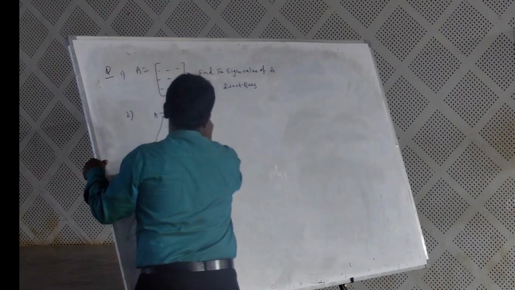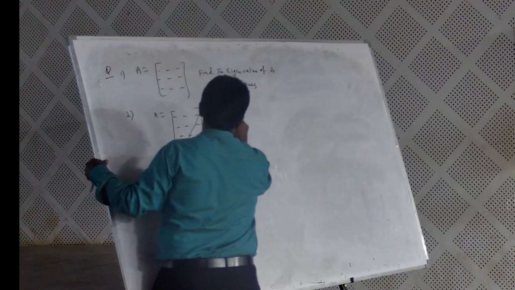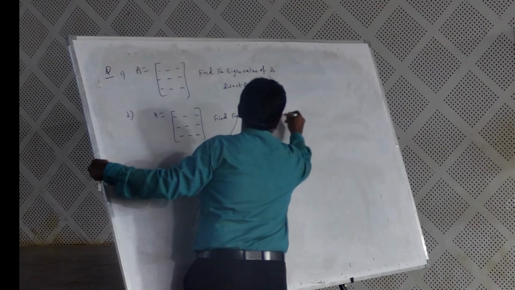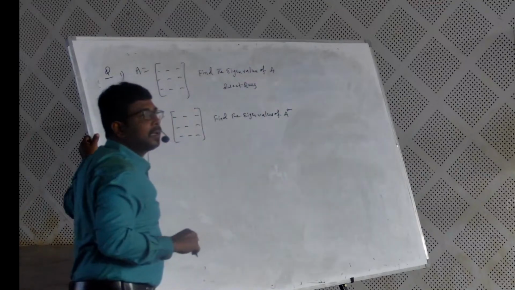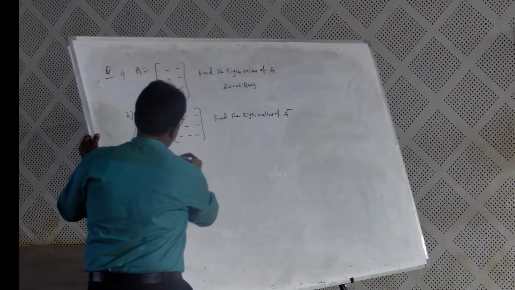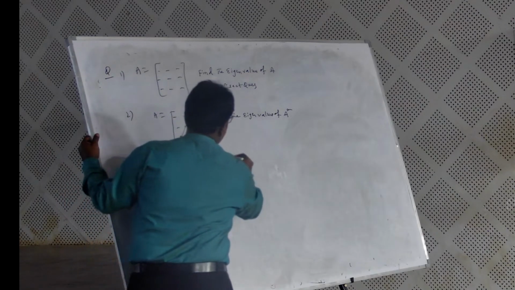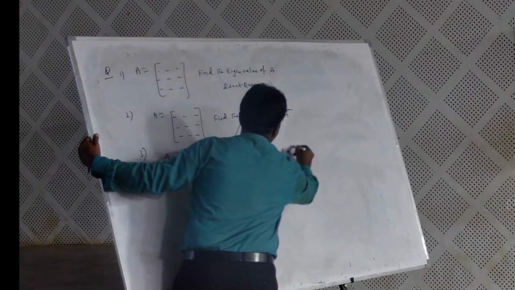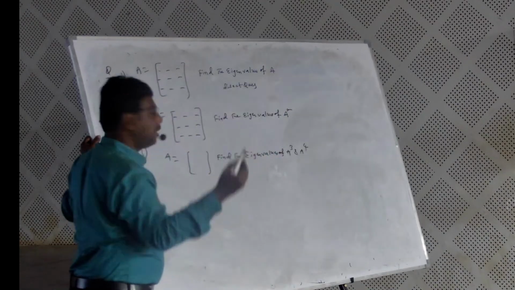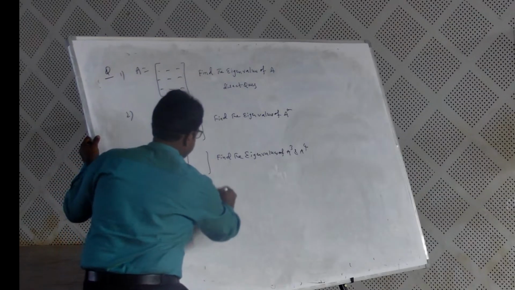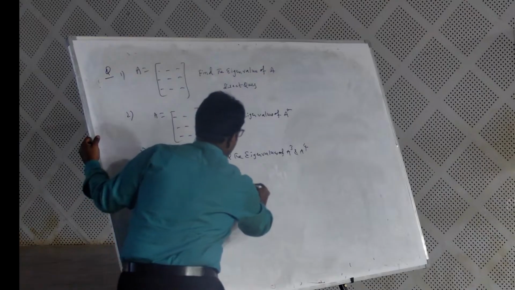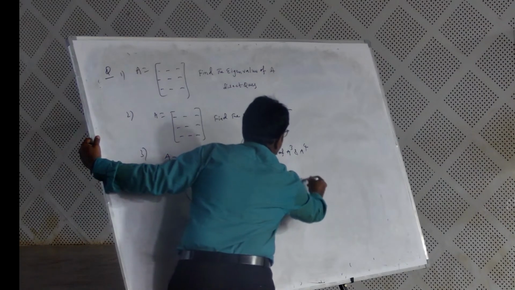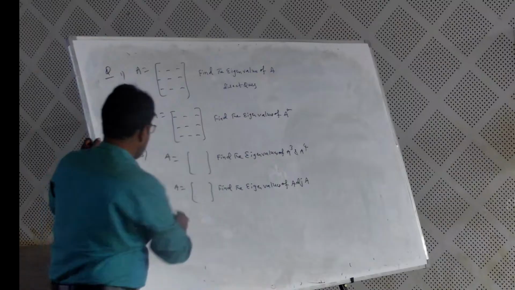The elements are always given, but the question is: find the eigenvalues of A square matrix, A cube matrix and A power 4 matrix, or find the eigenvalues of adjoint A matrix. All are very easy. I'll explain.